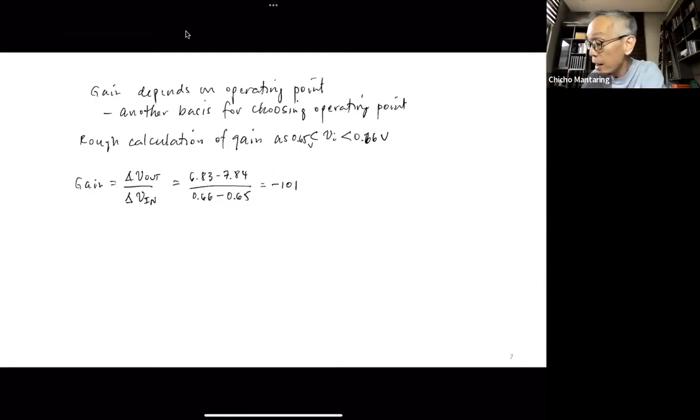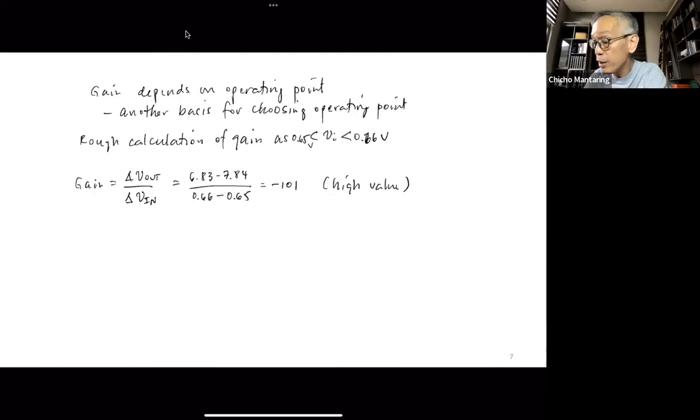So note that this is a high gain, high absolute value. Medyo mataas. That is the capability of the transistor to amplify. It can amplify an input signal up to in the hundreds of times, 101.